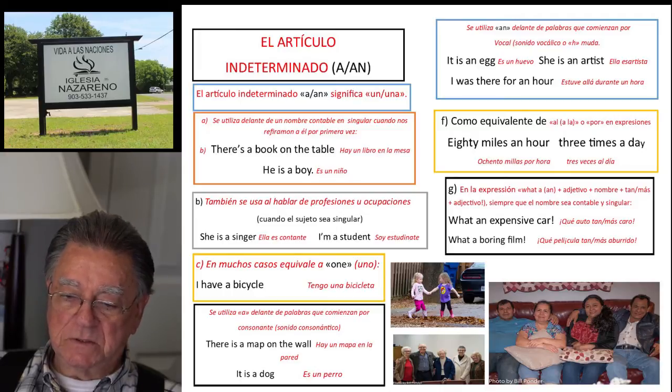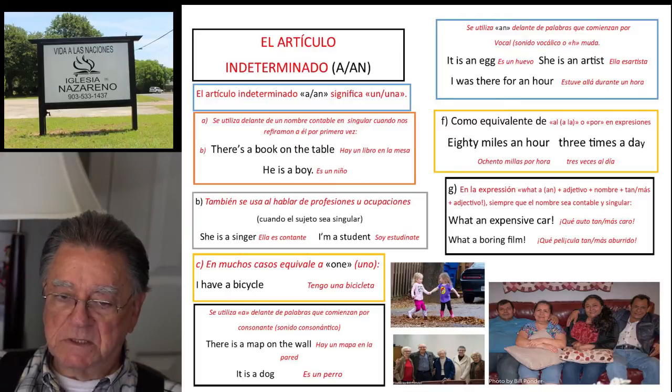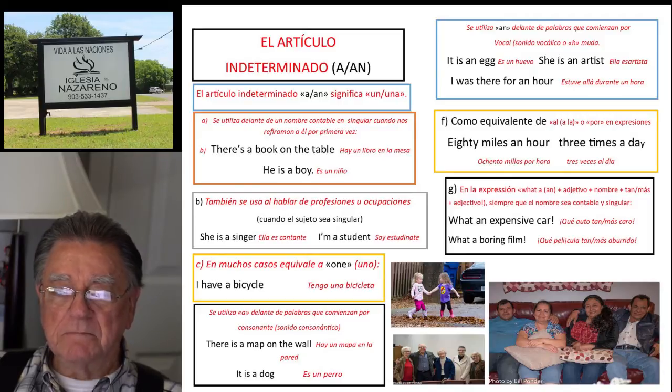Then I have a picture of 4 people from Vida, las Naciones. These 4 came to visit us before all the corona stuff, but after the surgery of my wife. Okay, back up on the right we have another box.